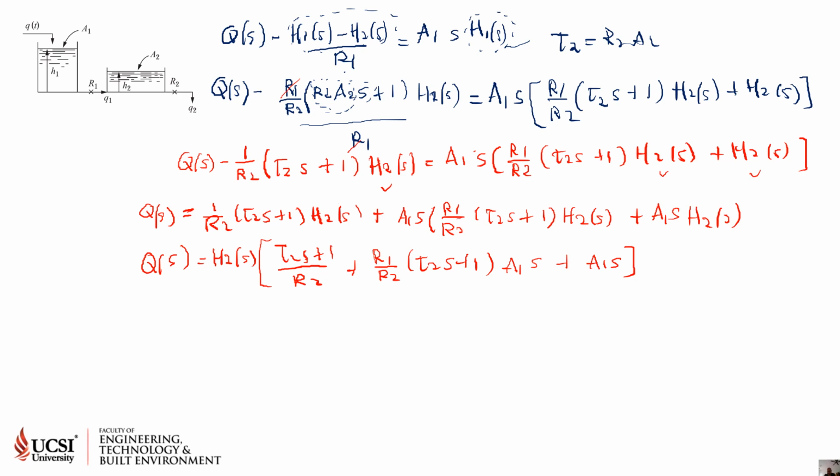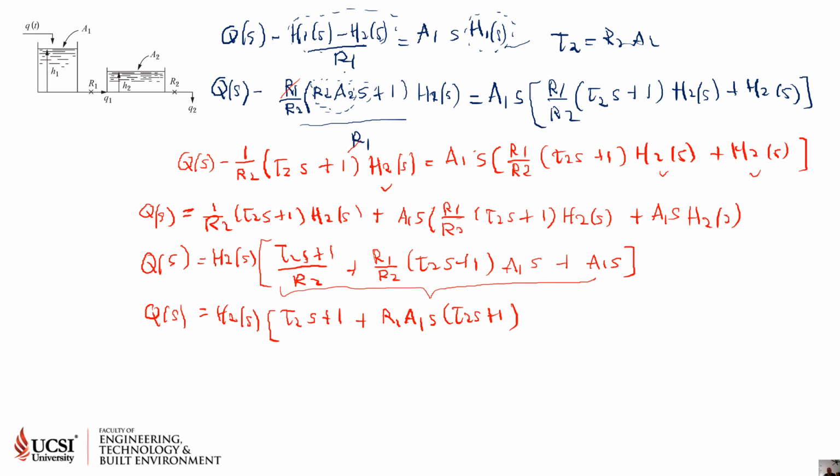So I can rewrite this again: Qs equals to H2s, so I write in the form that is easy to look, tau 2s plus 1, and then this one I can write as R1 A1 s, and then tau 2s plus 1, and this one I can write as 1 A1 R2 s, so it's over R2.